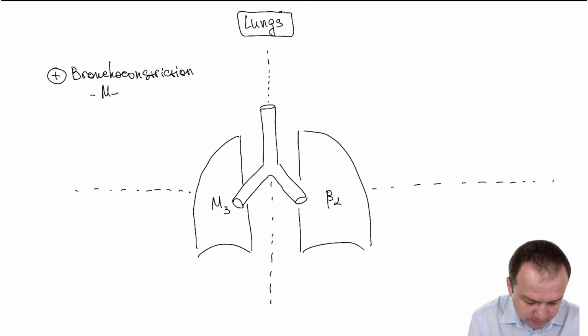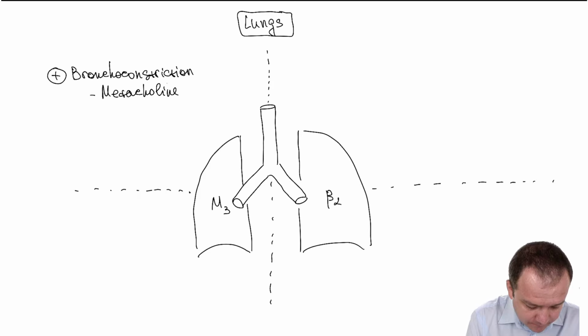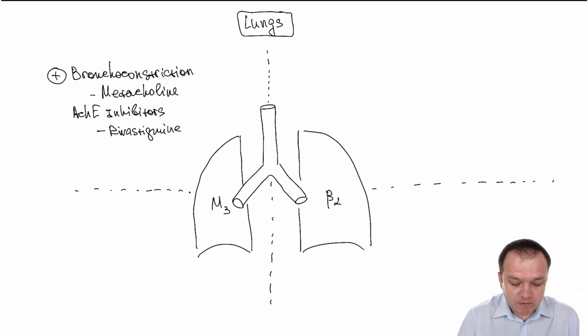We have methacholine, which is used for the bronchoprovocation test, and we have acetylcholinesterase inhibitors, like rivastigmine, physostigmine, donepezil, and other ones.